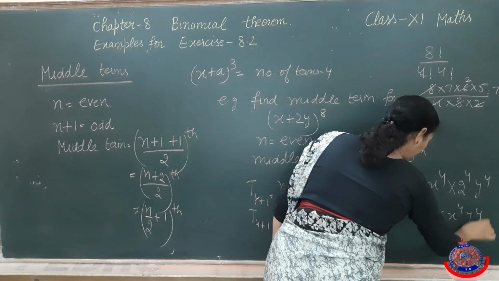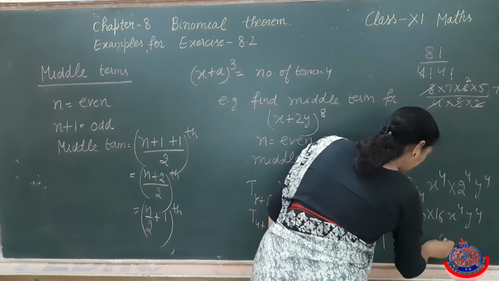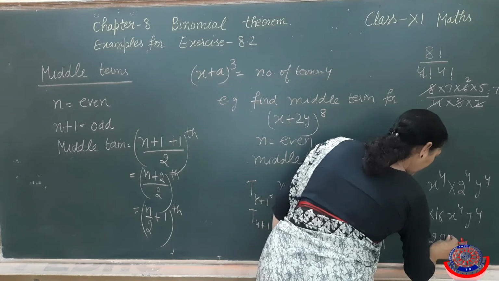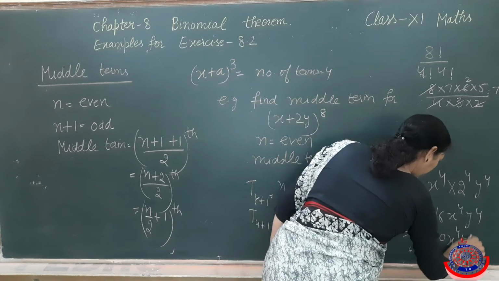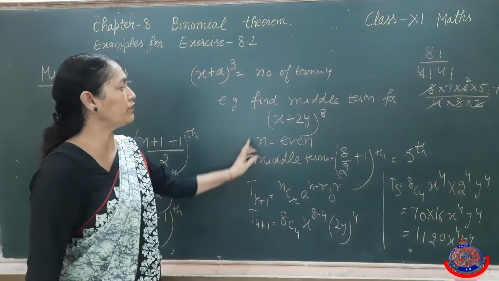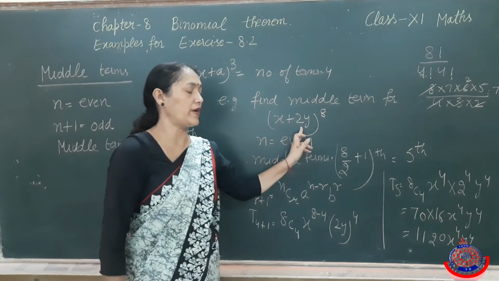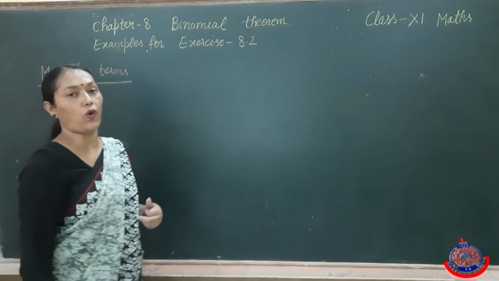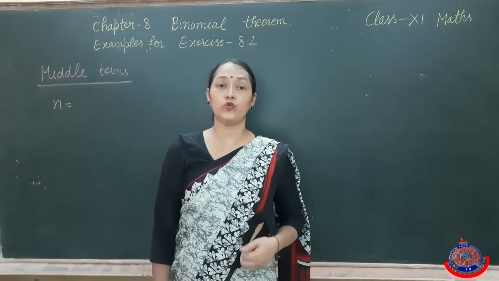So 70 times 16 gives 1120 x power 4, y power 4. So this is the value of the middle term for the expansion (x plus 2y) power 8 because n is even. In case n is odd, in that case we will be having two middle terms.